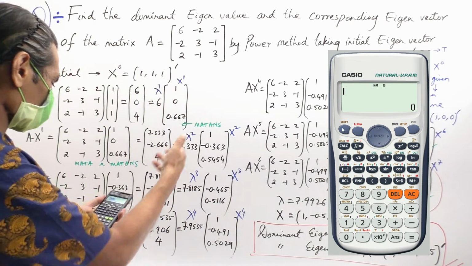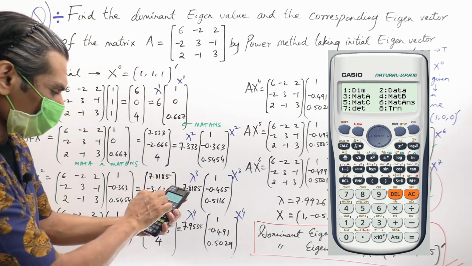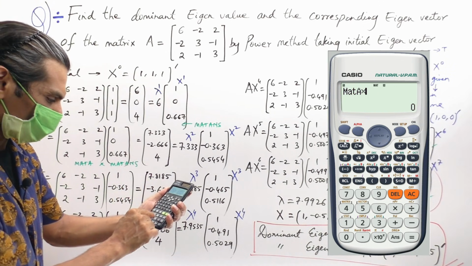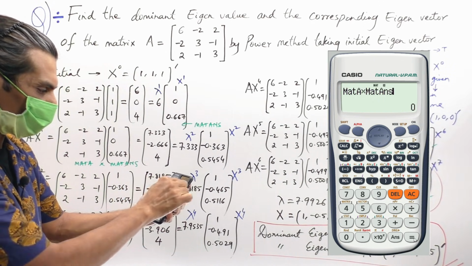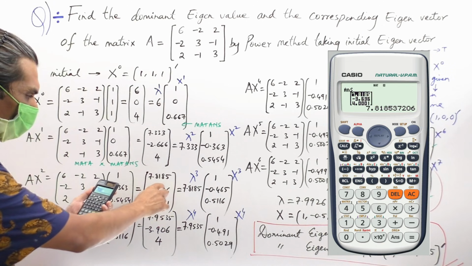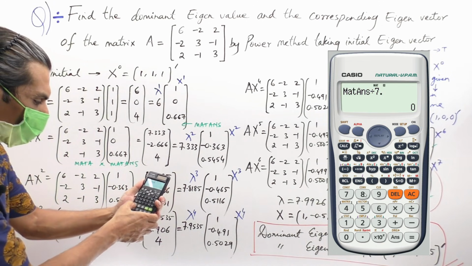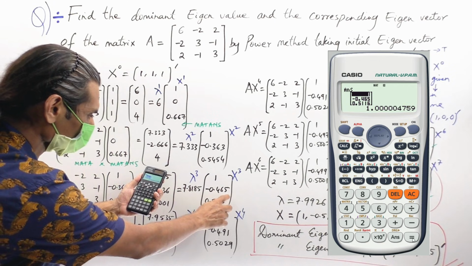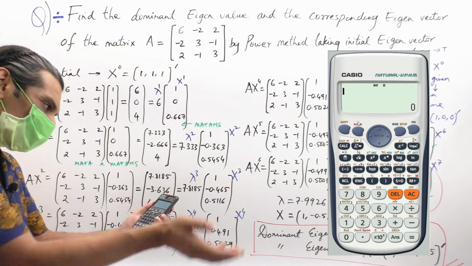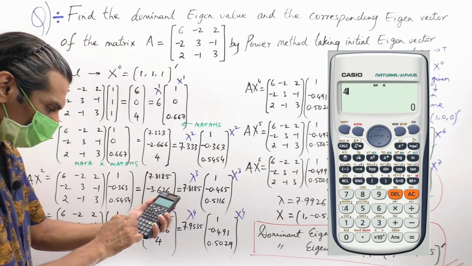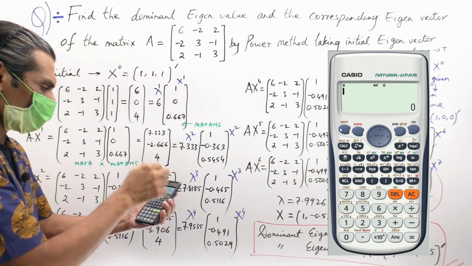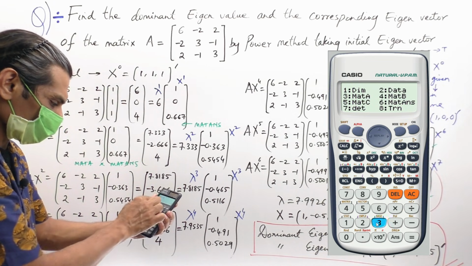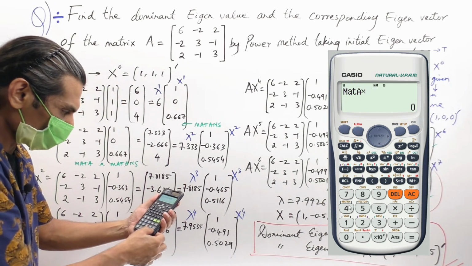Let me do one more time for you. Shift Mat A into shift Mat Answer 6 is equal to 7.8185. So divide by 7.8185, equal to 0.465, 0.566. Again, one more time, last time, because the process is the same. Matrix A into shift matrix 6 equals.